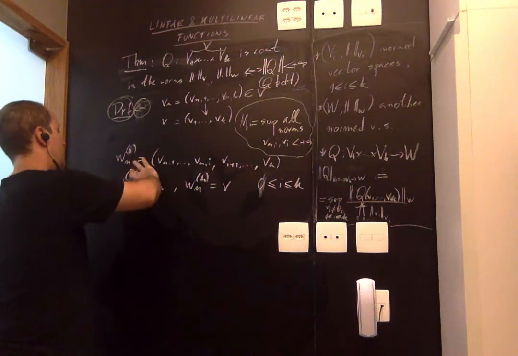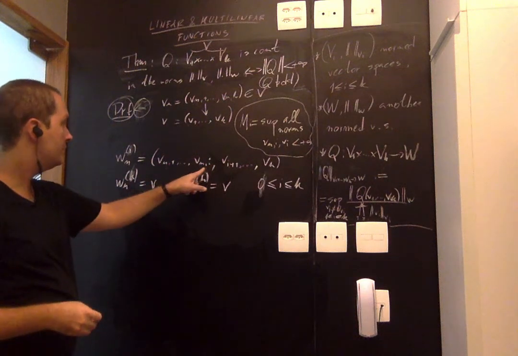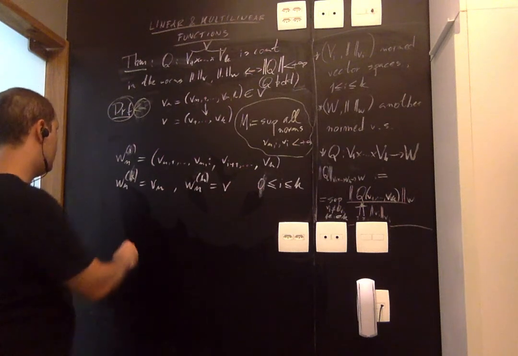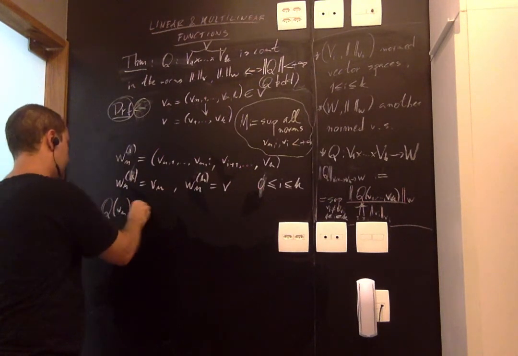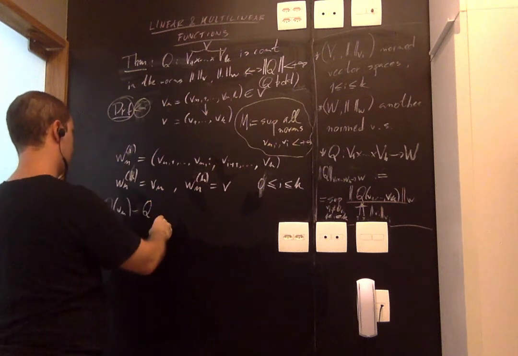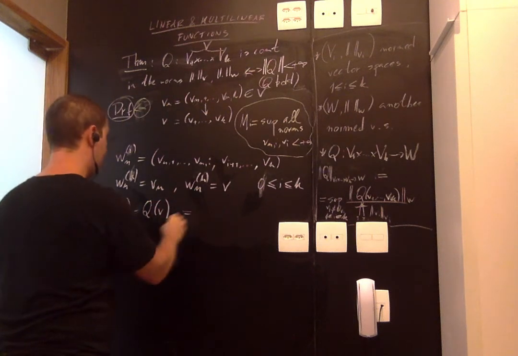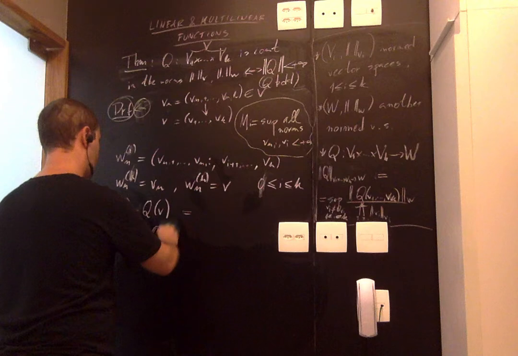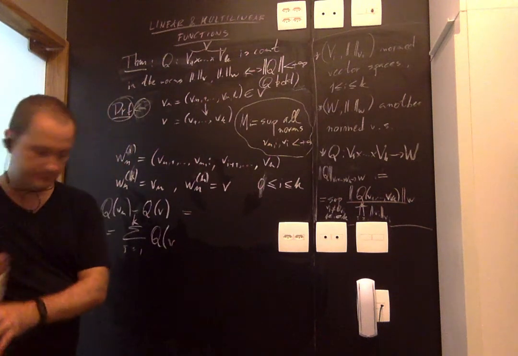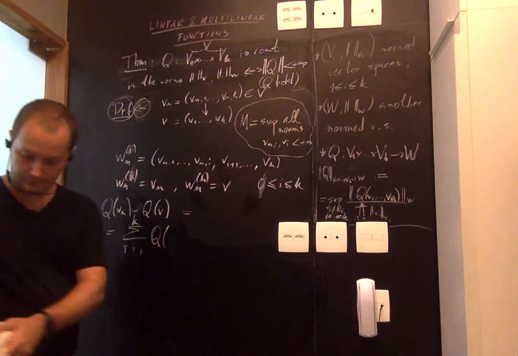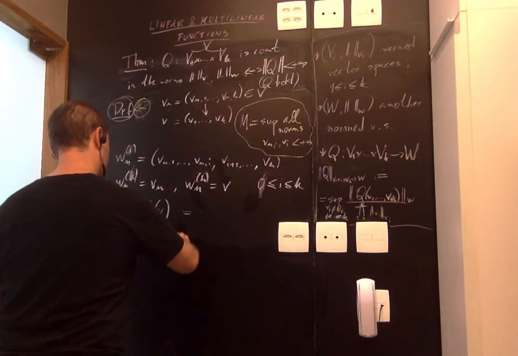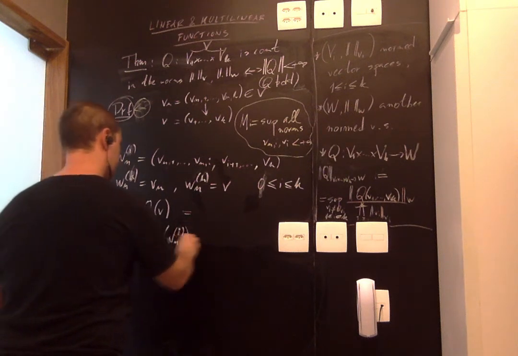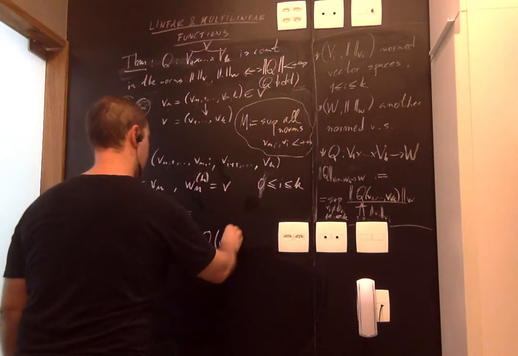Now the good thing is that when I change these terms, I'm going little by little from V to V sub n, or from V sub n to V, right? And I can write a telescopic sum like this: the sum from i equals 1 to k of q of W n i minus q of W n i minus 1.